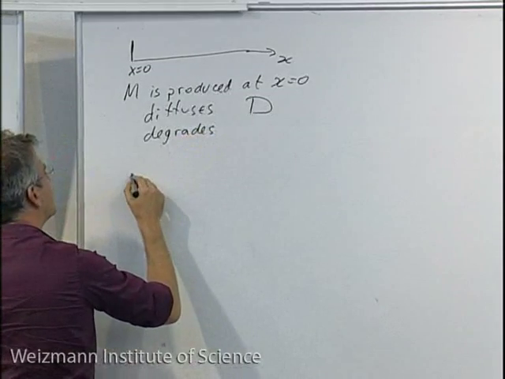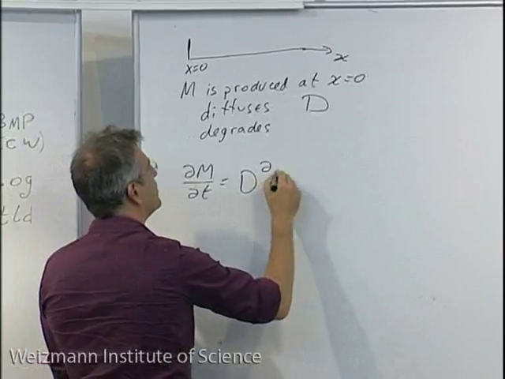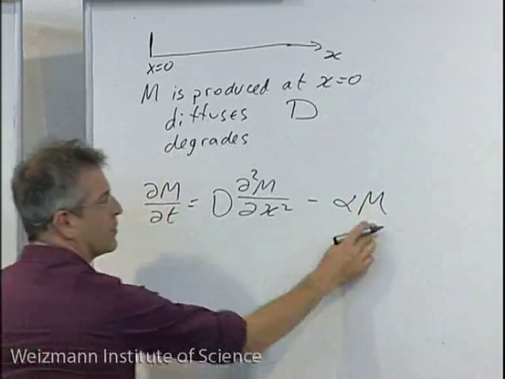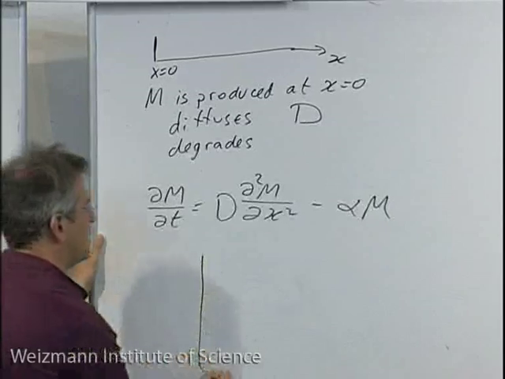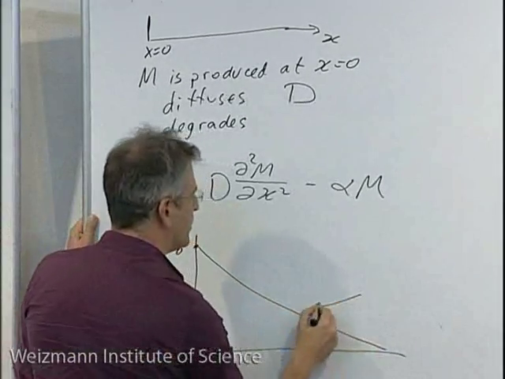And we compared two models, one where the morphogen diffuses and is degraded with regular linear kinetics, and we saw that this leads to an exponential gradient.